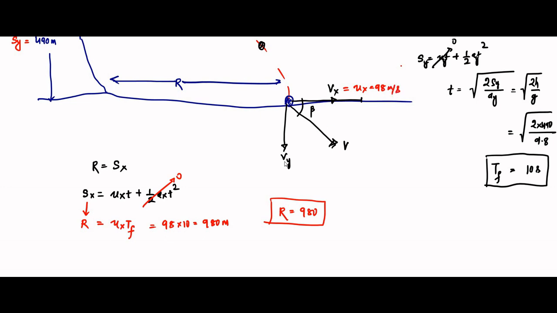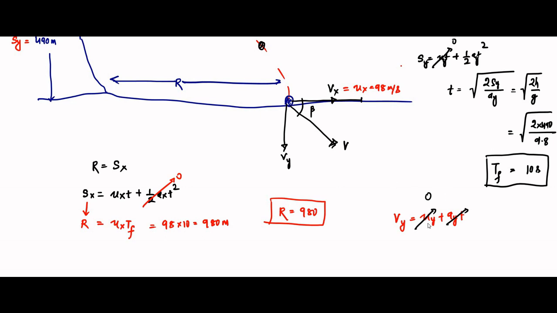We have to calculate Vy here, so we'll be using the equation Vy is equal to uy plus ayt. Uy is 0, there is no initial vertical component, this is 0. Ay is equal to g, and we just want to calculate the vertical component of the velocity just before the projectile is striking the ground.